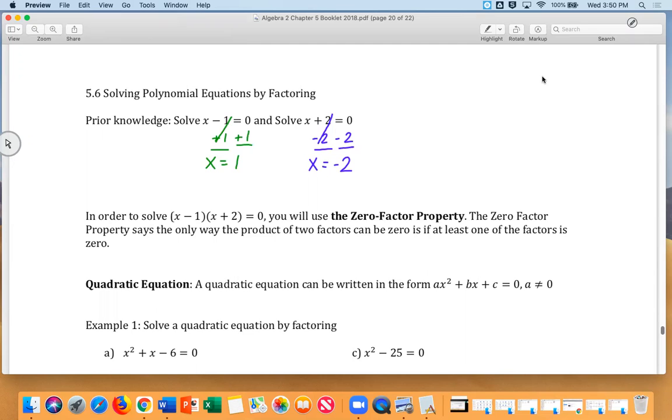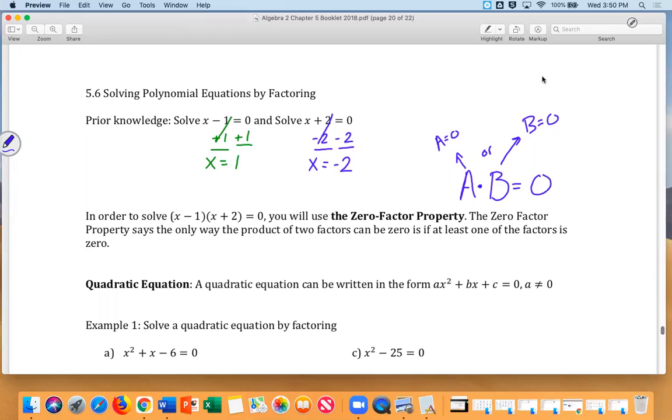Well, there's a little fun fact in algebra, and you can write this down if you want. It's pretty much a times b equals 0, okay? And if a times b equals 0, then this says that either a equals 0 or b equals 0.